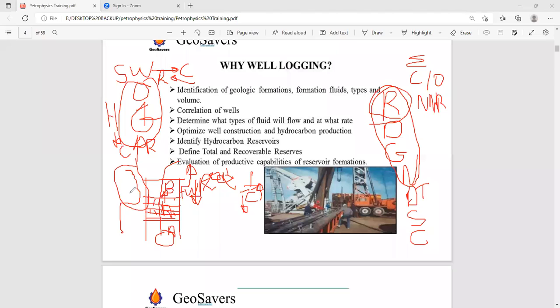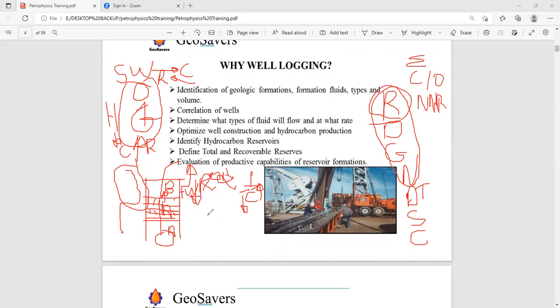So the fact that the resistivity is high does not necessarily mean that you must have hydrocarbon, because most students, once they see the well log, immediately they see high resistivity, they just say, oh, we have hydrocarbon in that area, without actually verifying from the stratigraphy if we can have a reservoir.